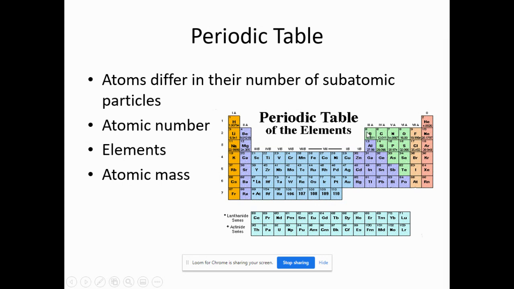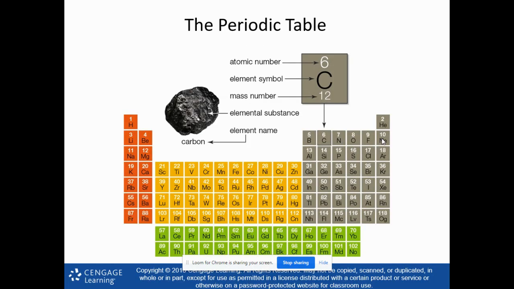Atomic number refers to the number of protons in the nucleus, and that determines the type of element the atom is, whereas atomic mass is the sum of the protons and the neutrons in the atomic nucleus. So again, here you have the periodic table: the atomic number, the symbol, and the atomic mass.